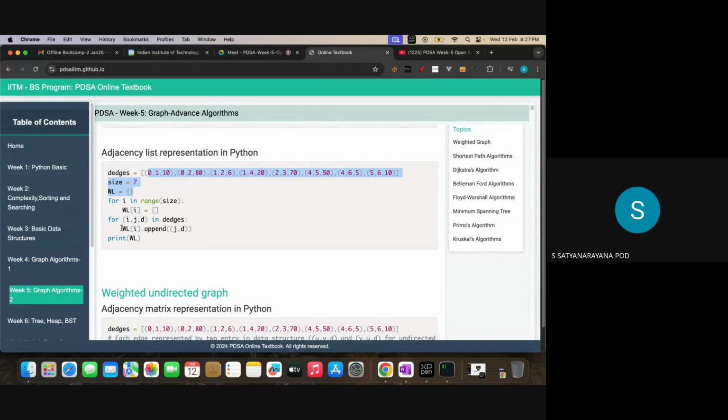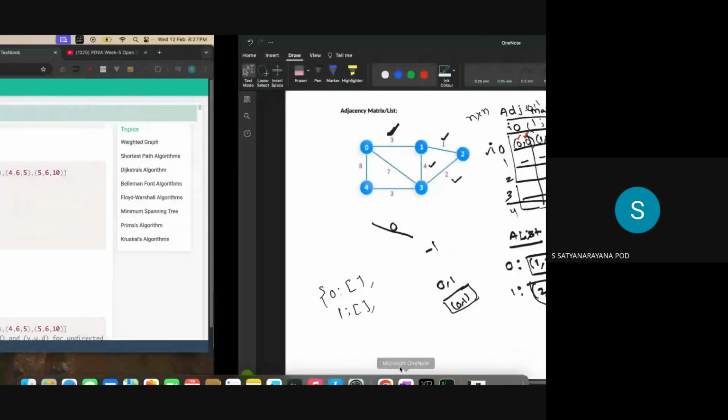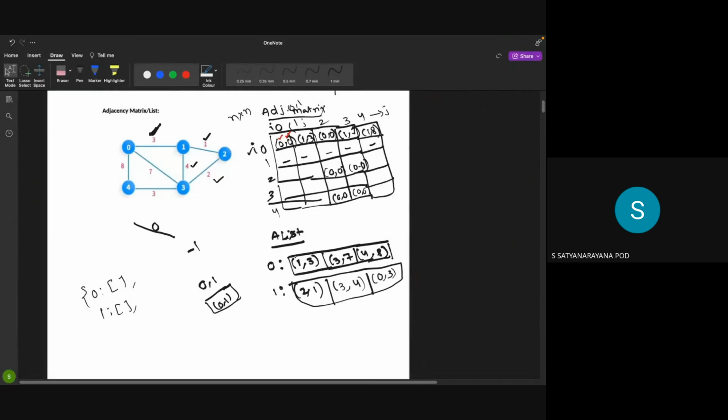In that, what they are doing is they try to append into the dictionary. That appending job is J and a distance value. This one is the J, and this is a distance. This is J and this is where it is inserted at the ith key.